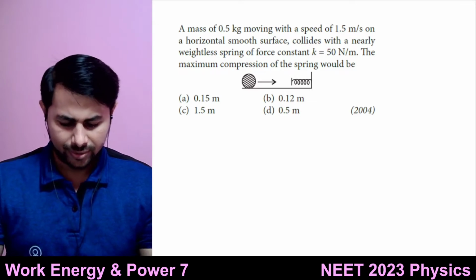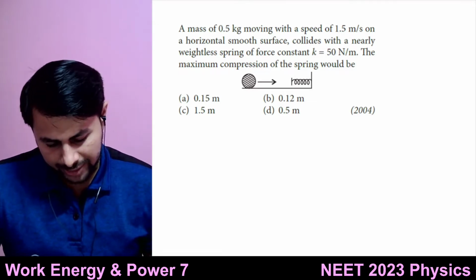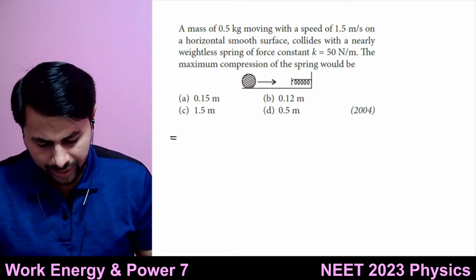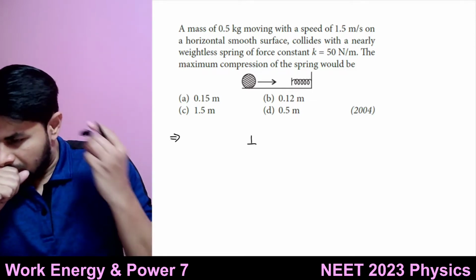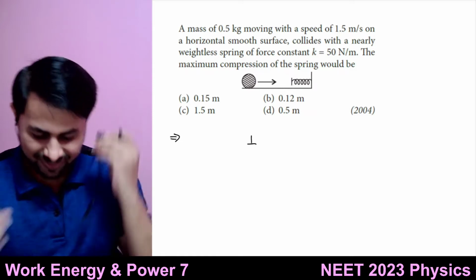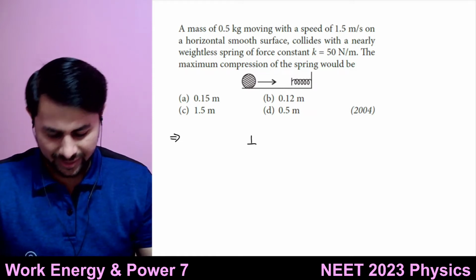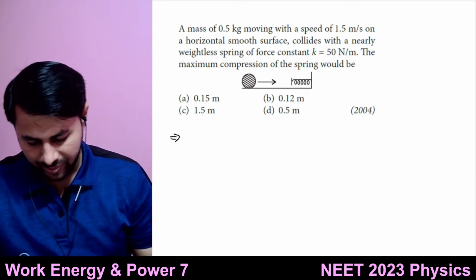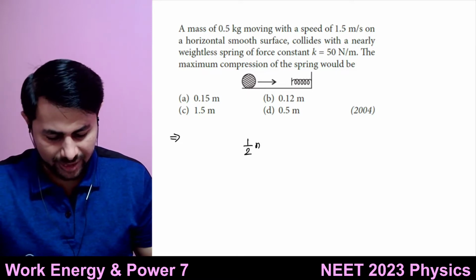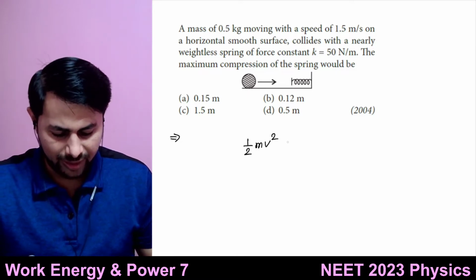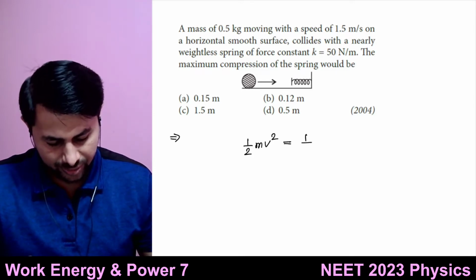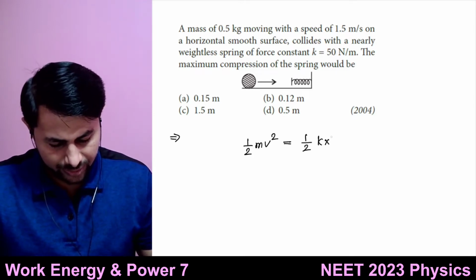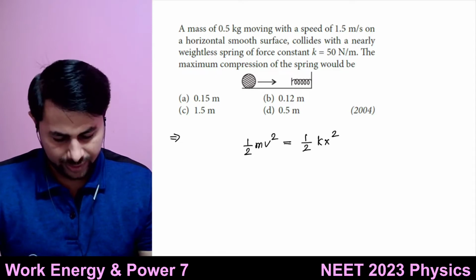So it's simple then. The maximum compression will be when the total kinetic energy of this mass, which is half of mv square, gets converted to the potential energy, so half of k into x square, right?